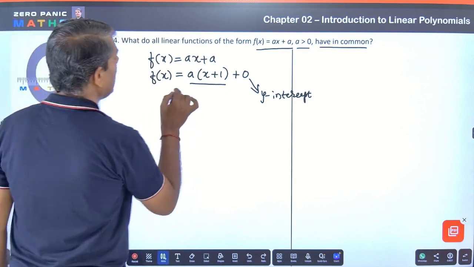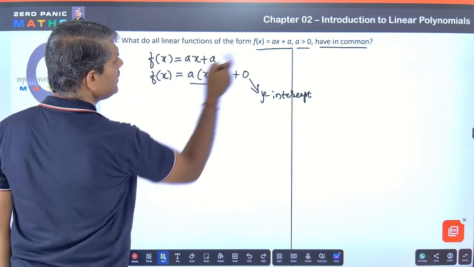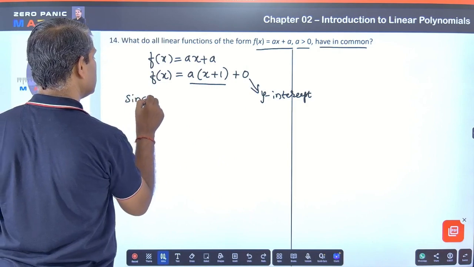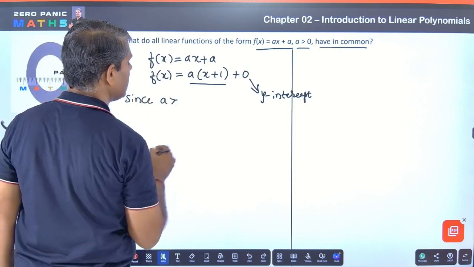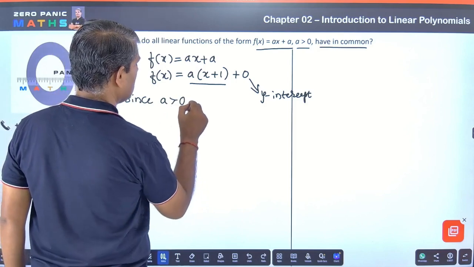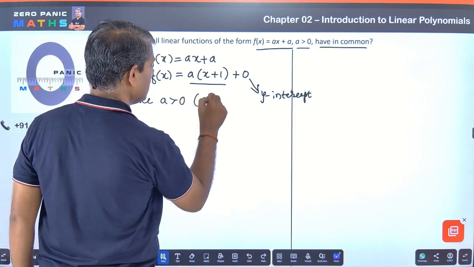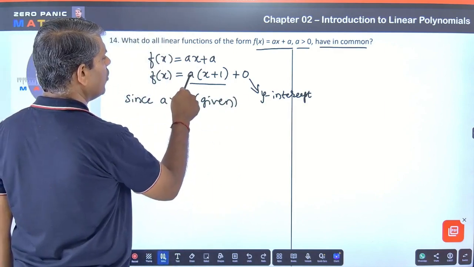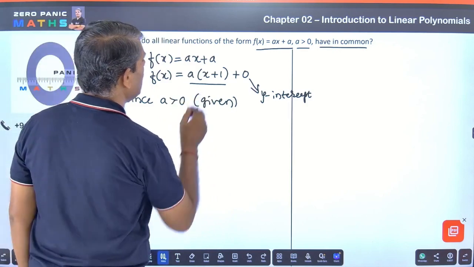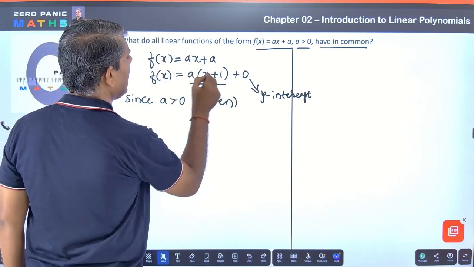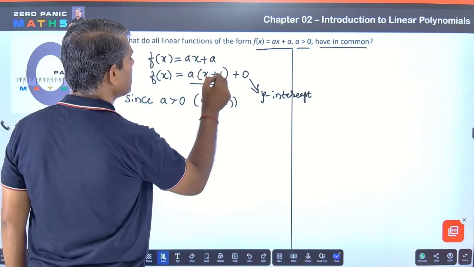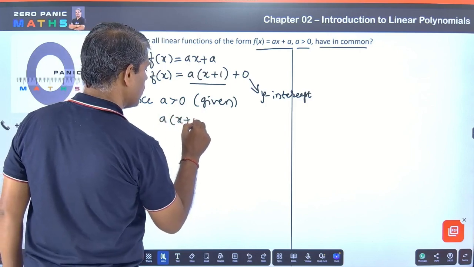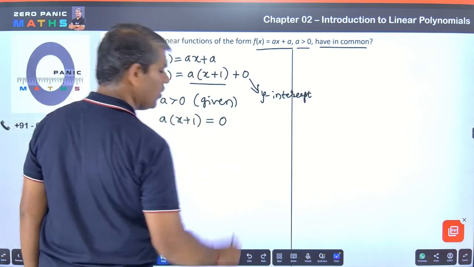Since a is greater than 0 as given, a is always going to be greater than 0. I can equate a times x plus 1 equal to 0.